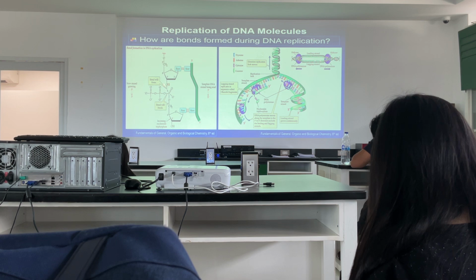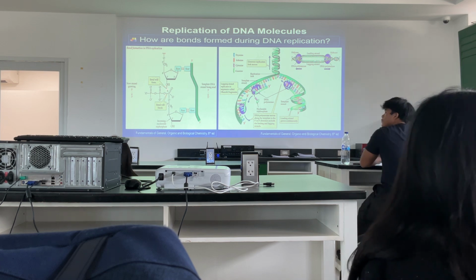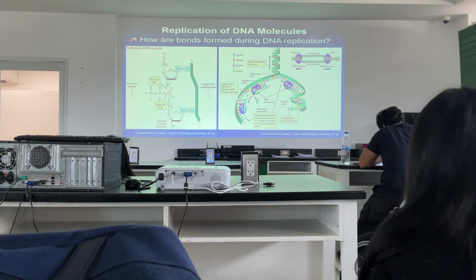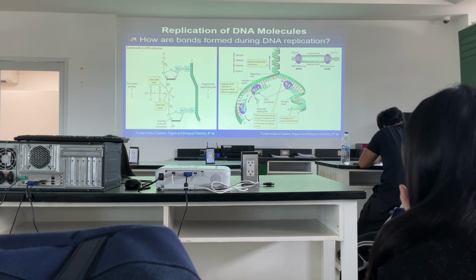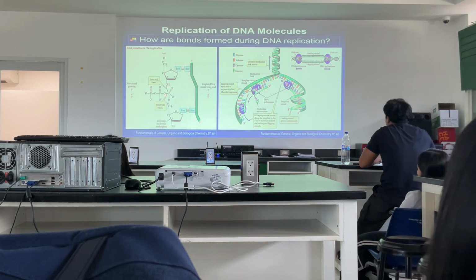The oxygen atom in the hydroxyl group will carry out a nucleophilic attack on this alpha phosphoanhydride bond. Because you have 3 phosphoryl groups, the first bond is the alpha phosphoanhydride bond, and then this is your beta and gamma.